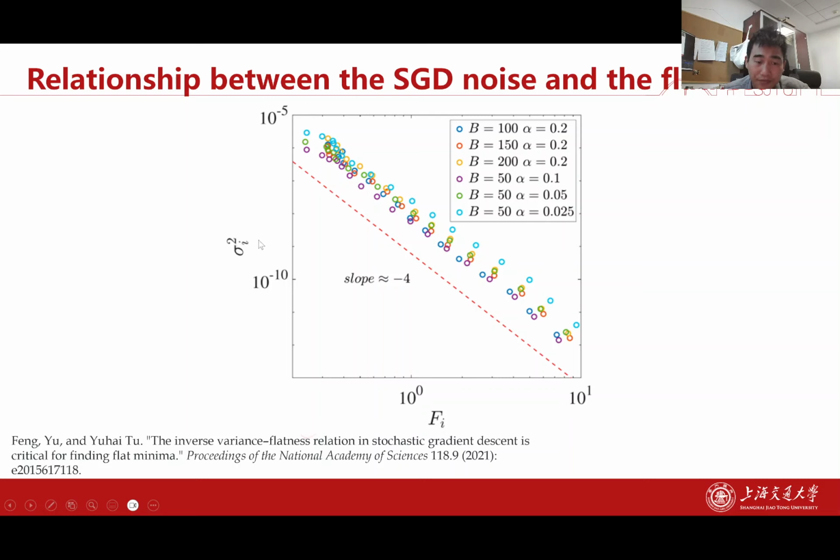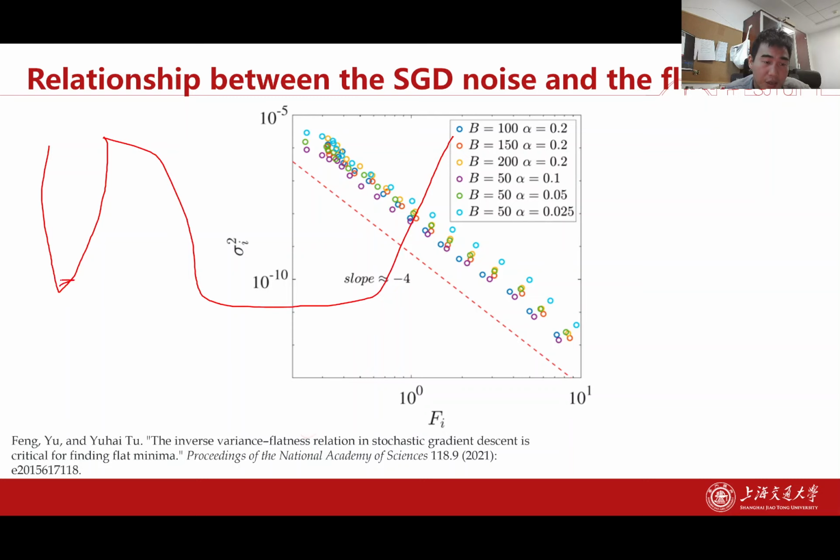Consider it this way: if you have a very, very sharp loss landscape, and a very flat curve, and you have a lot of noise, very large noise, then what will happen? After some training time, with high possibility you will jump out of this place because it is too sharp and the noise is too large.